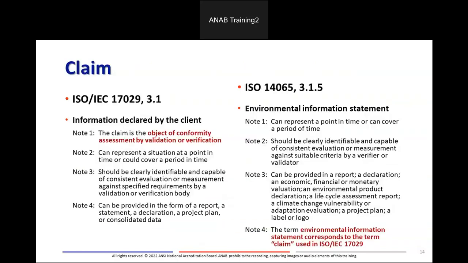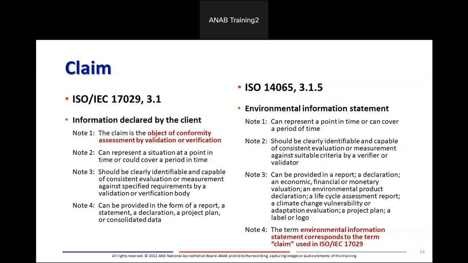So we've talked a lot about claims, and really haven't given a definition of a claim. In this sense, a claim is the information declared by the client. For 17029, this is the object of the conformity assessment of the validation or verification. The claim can represent a situation at a single point in time or can cover a period of time.